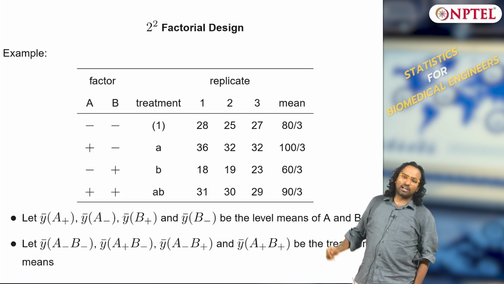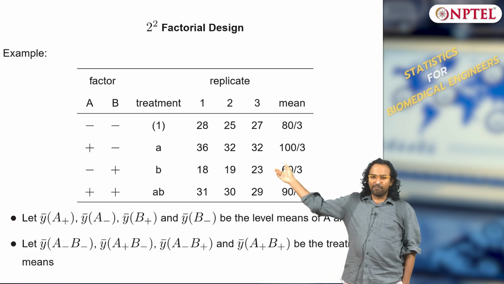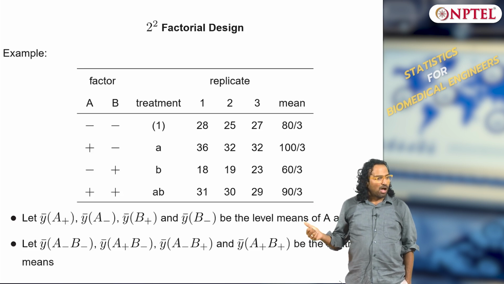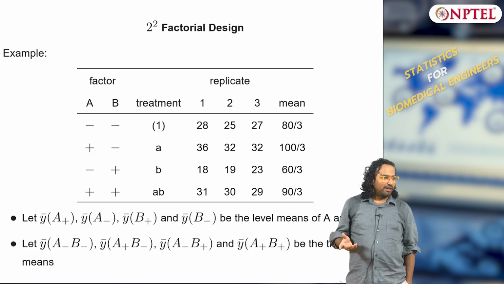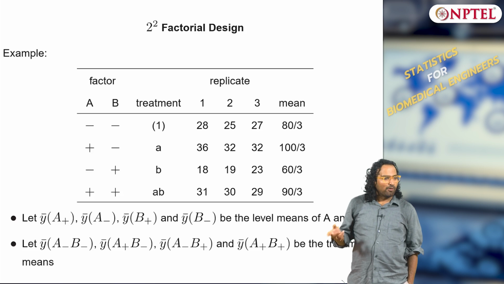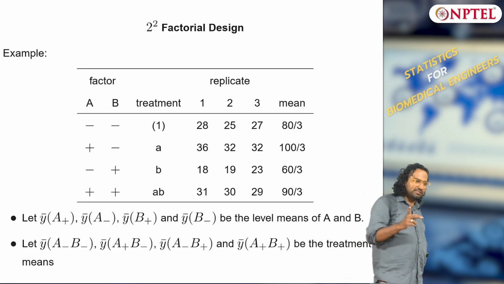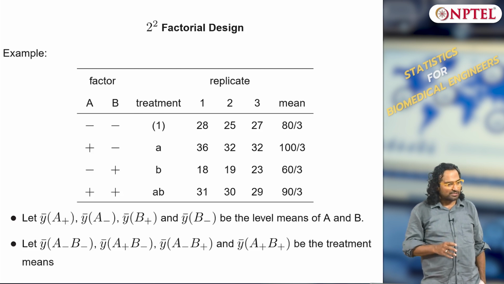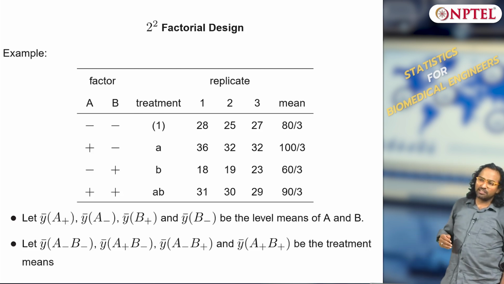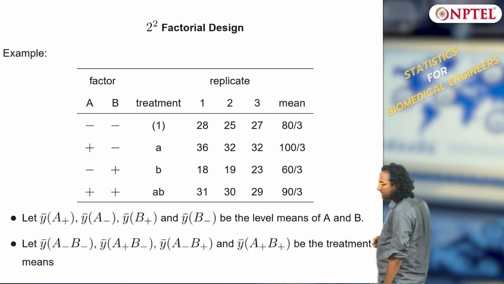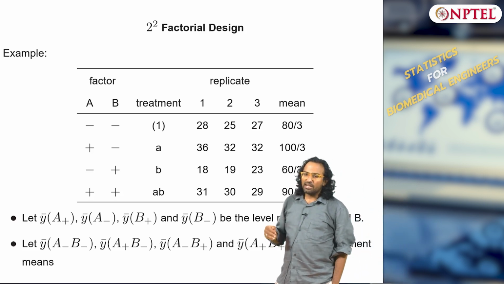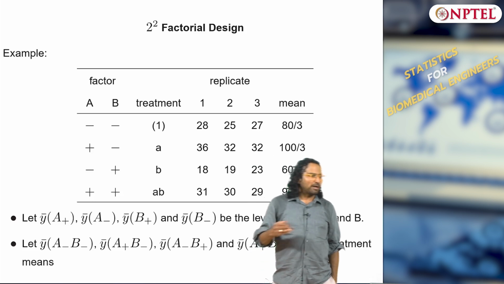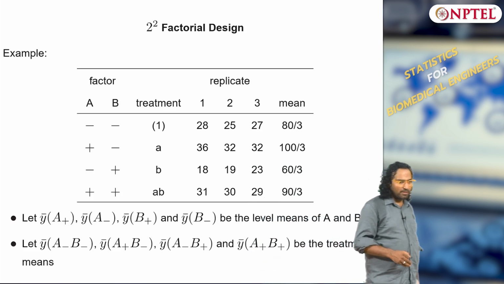Let us say I want to do RCBD: I can do RCBD blocking A while looking for B and blocking B while looking for A. Then I would need 2 RCBDs, typically 6 experiments, and you will never be able to learn about interactions, okay. So the advantage of factorial designs is you get to know the interactions and at the same time you conduct fewer experiments compared to looking at one factor at a time, okay.